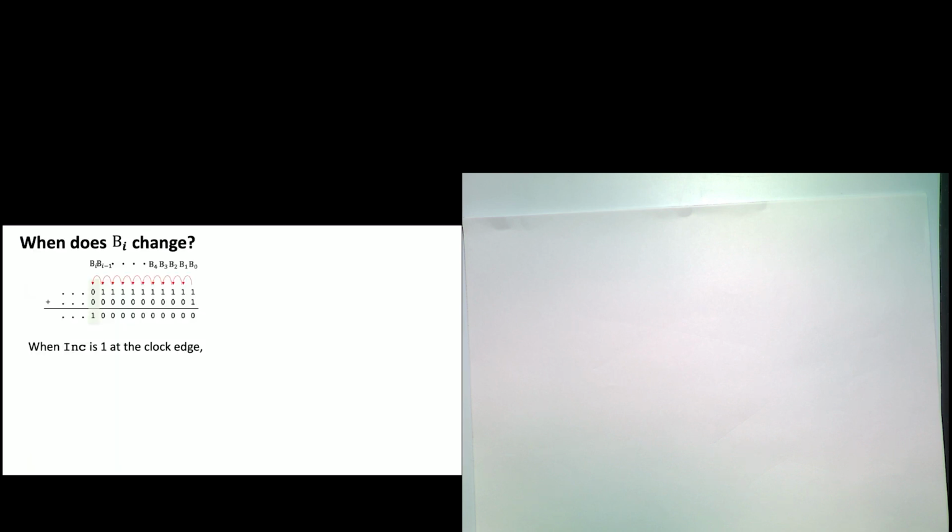So if we were to try in general to come up with an equation for, say, bit I, we would ask ourselves, when does bit I change? Bit I changes only when all the bits to its right are 1. So in order for bit I to change, we need all of the bits to the right to be 1.